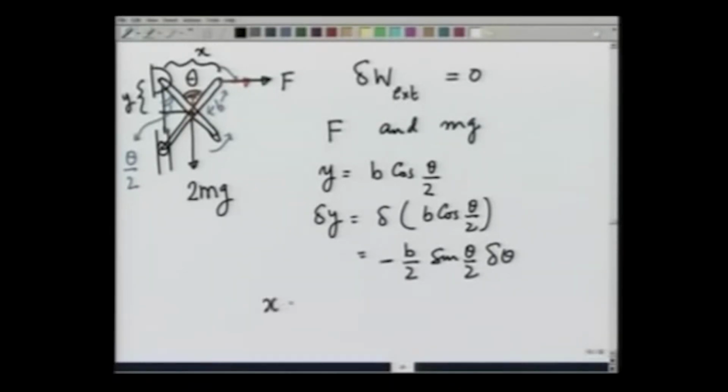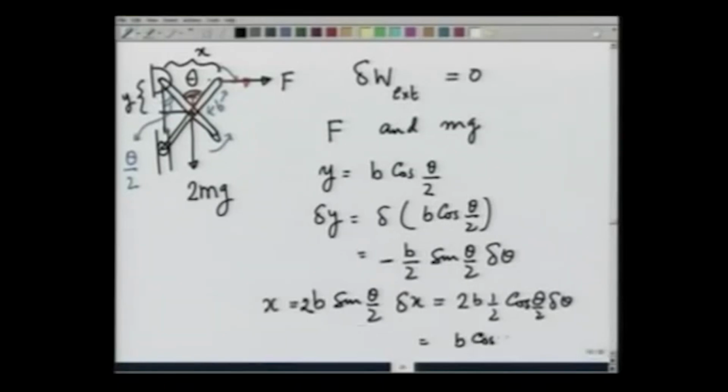Similarly, x is equal to b sine of theta by 2, this entire distance, and therefore delta x is going to be 2b times 1 by 2 cosine of theta by 2 delta theta, which comes out to be b cosine of theta by 2 delta theta. Why we are calculating these delta x and delta y is so that I can calculate the virtual work done by force F and 2 mg.